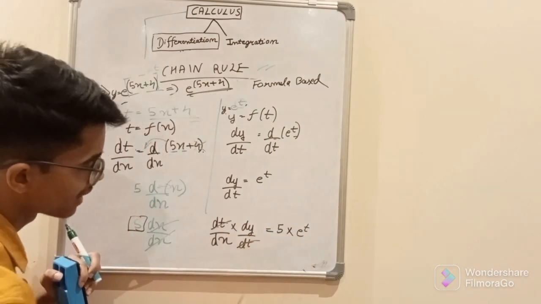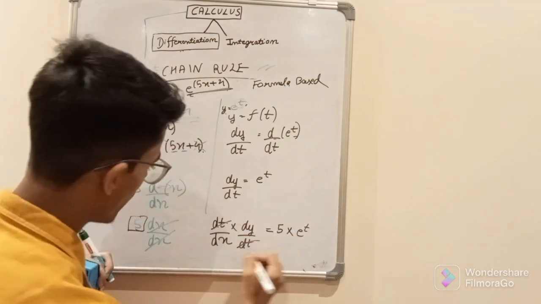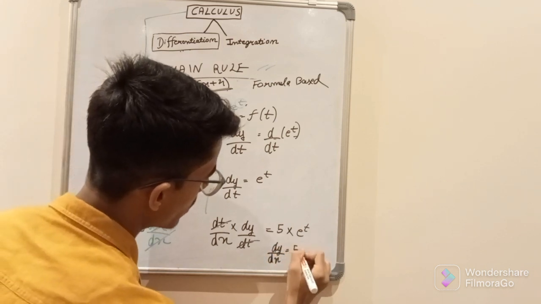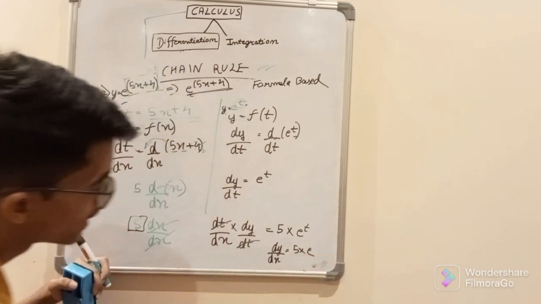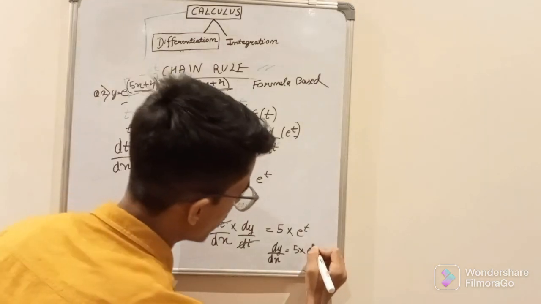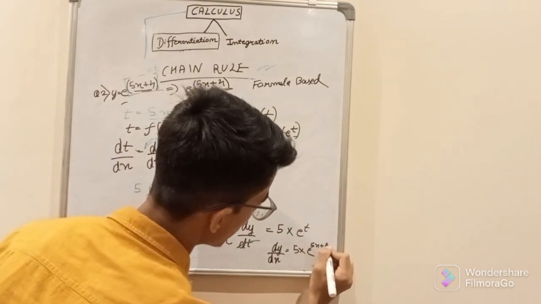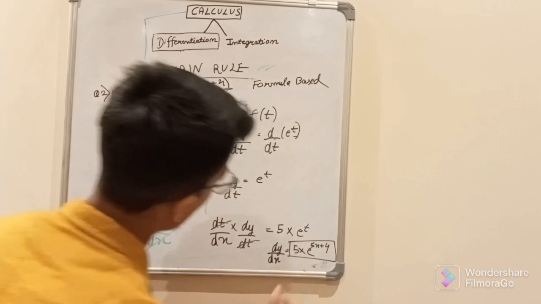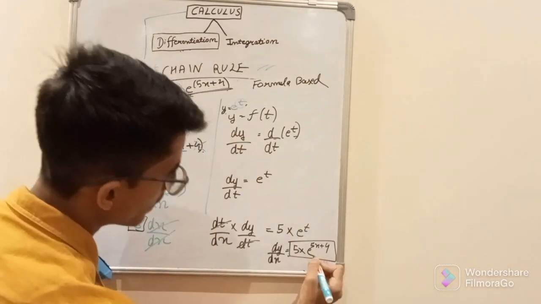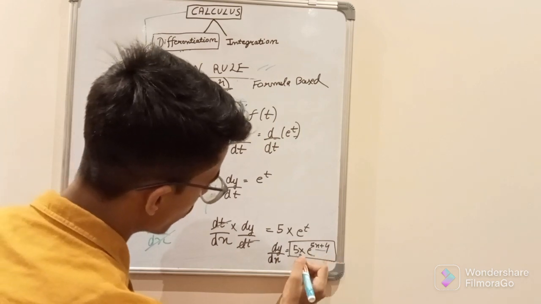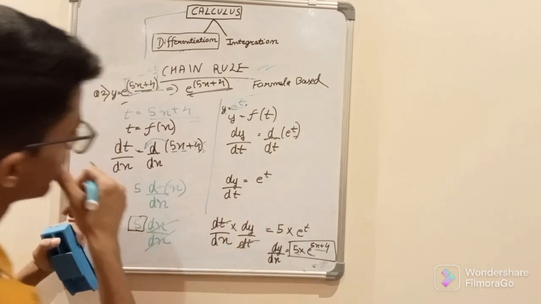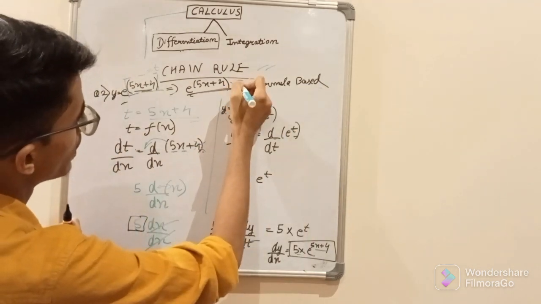This dt will cancel out each other. We are left with dy upon dx 5 into e to the power t, that is, we assume t as 5x plus 4. So e to the power 5x plus 4. So this is the final answer, and it is proved that e to the power 5x plus 4 multiplied by 5, this is the derived answer and this is the formula based answer, and I left out a 5 over here.